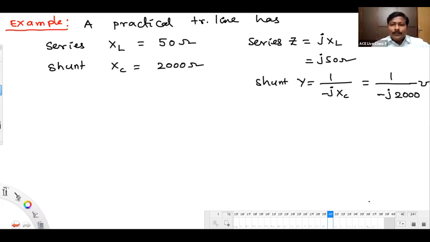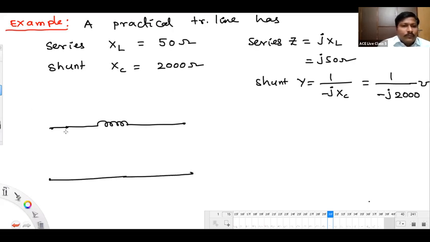Listen to me. Let's take up two exercises that you have done. First, I will draw the pi model of this line. Yesterday we discussed one problem also, right?